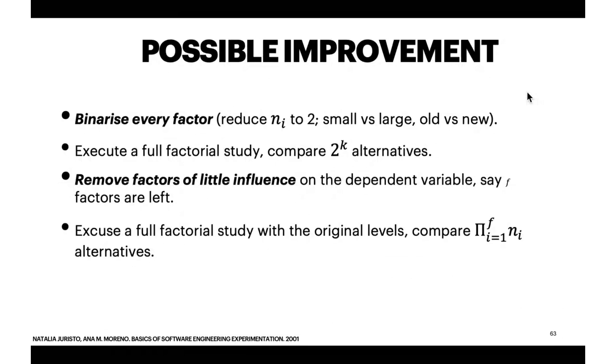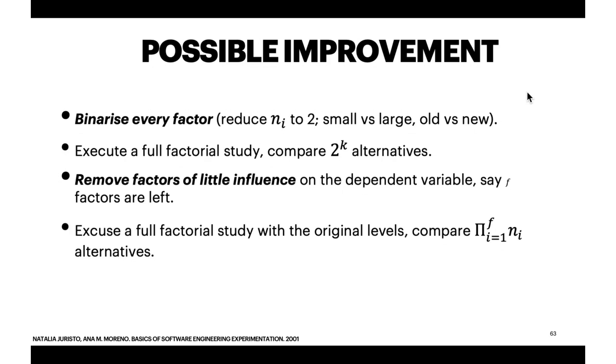In the first reduction step, we are temporarily reducing the number of levels to 2 in order to eliminate some independent variables. And in the second step, we are restoring the original levels, but only for the independent variables which have been shown to be influential.